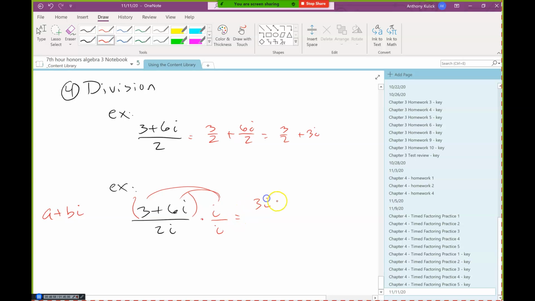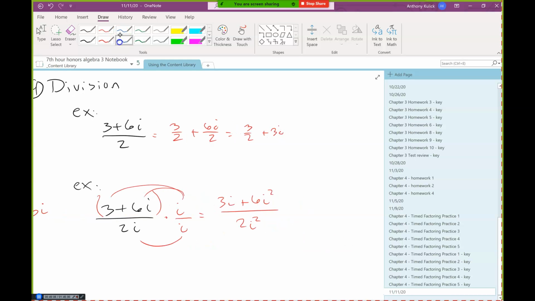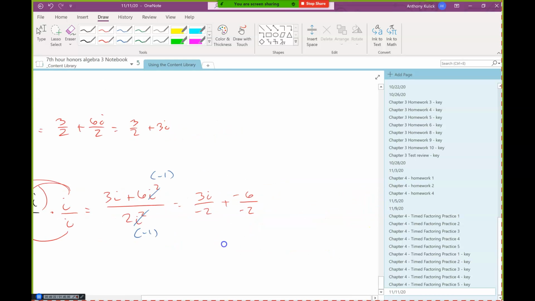So I distribute the i in the numerator, and then I just multiply the i into the denominator. And we know that i squared is -1. So I'm going to have 3i over -2 plus -6 over -2.